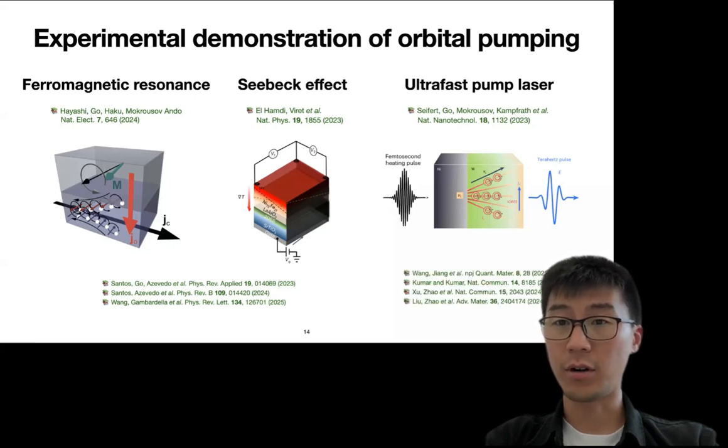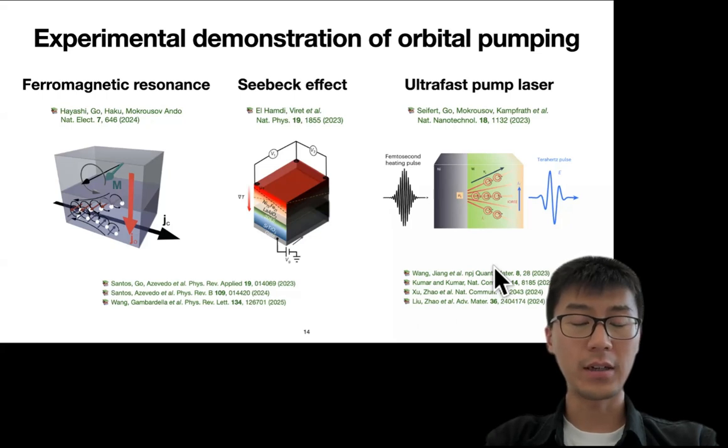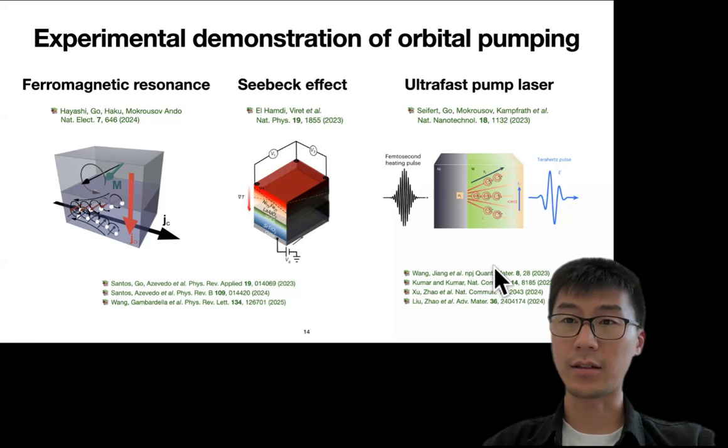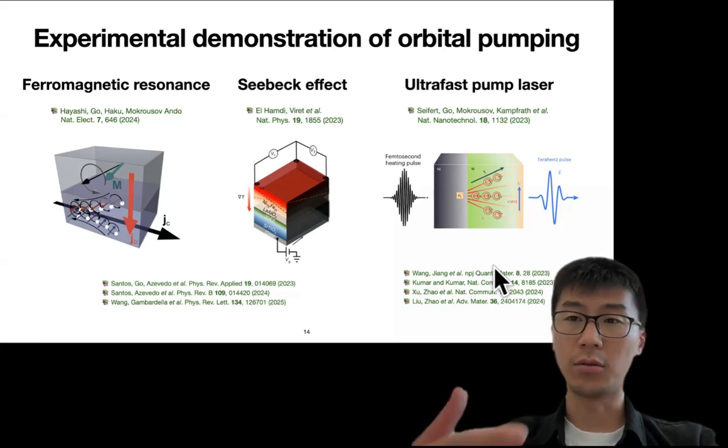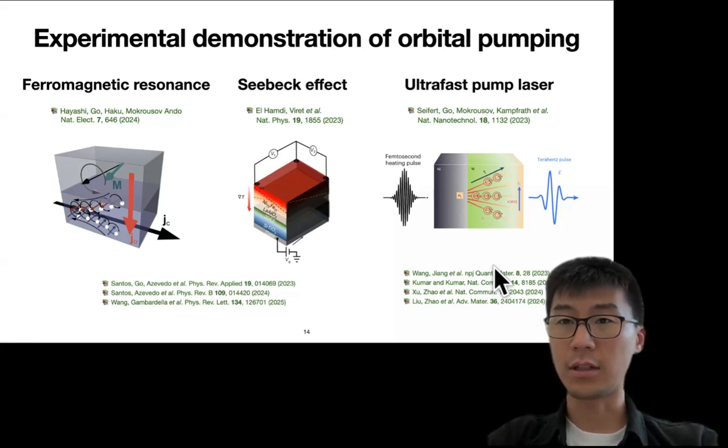And similar experiments were also reported in many other groups, especially in these following works around the same year. So it really, I think, opens the direction that orbital angular momentum can do many things in coupling with magnetic order, with light, and probably with many other orders and parameters in solid state. So I think there are still many possibilities that you can explore.